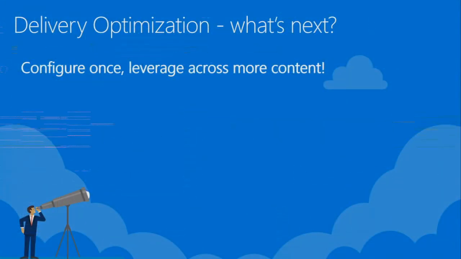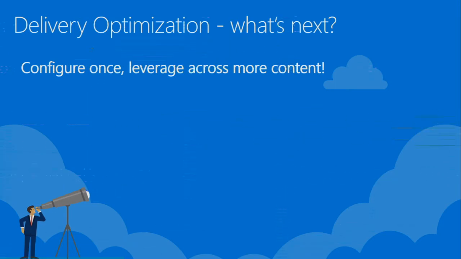So what's coming up next? Today, we only support content that's coming from Windows Update and Windows Store. But once you've gone through the process of setting this up, testing it and leveraging delivery optimization to reduce bandwidth consumption in your environment, you don't want to have to move to a different technology for different content.